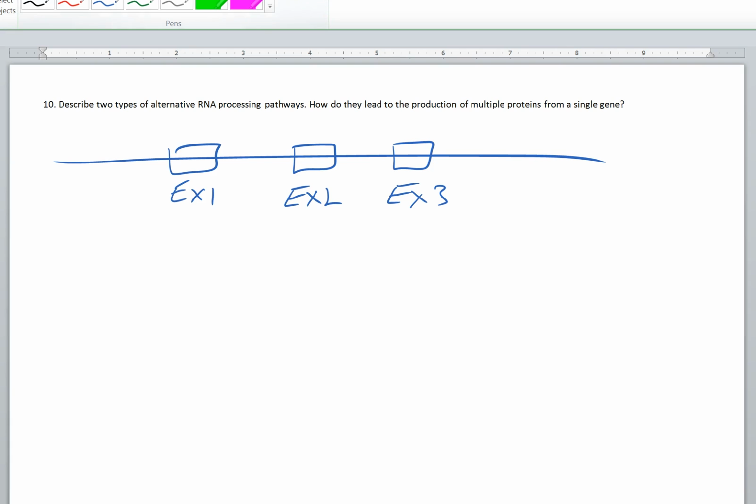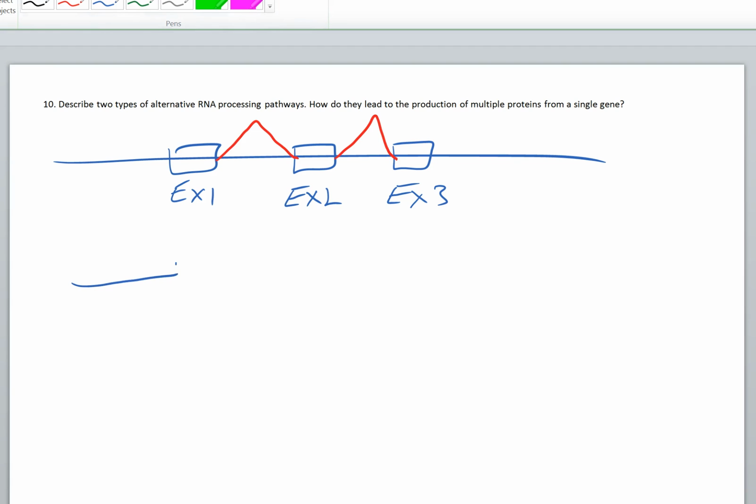We can represent splicing like this. We're going to join those two things together, and we're going to join those two things together. In each case, we're going to use that same mechanism that we just showed, and we just splice these together and get 1, 2, 3.